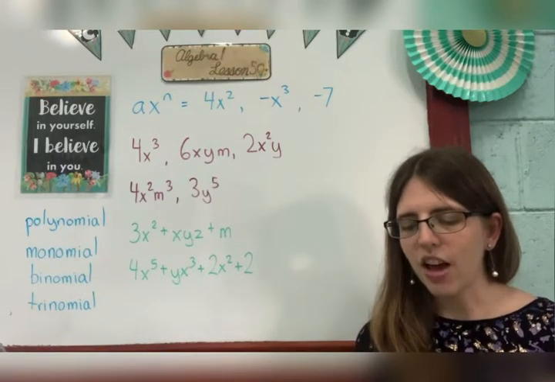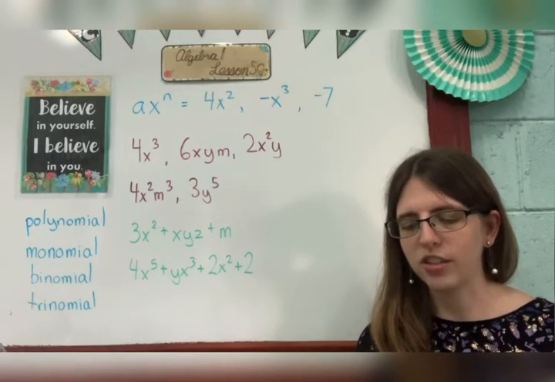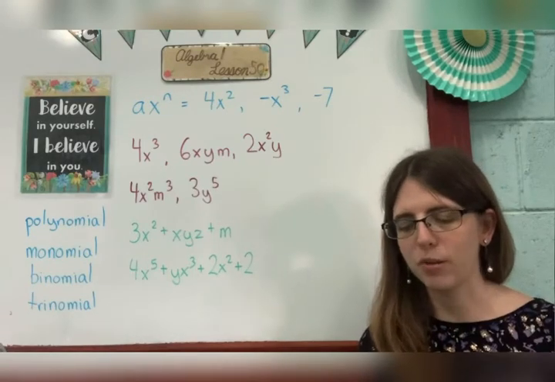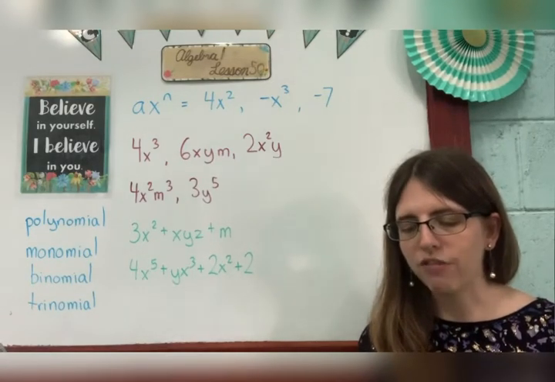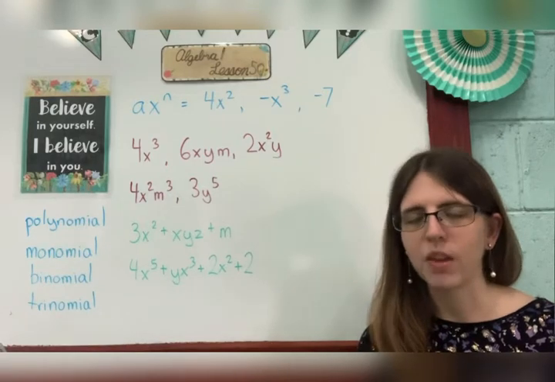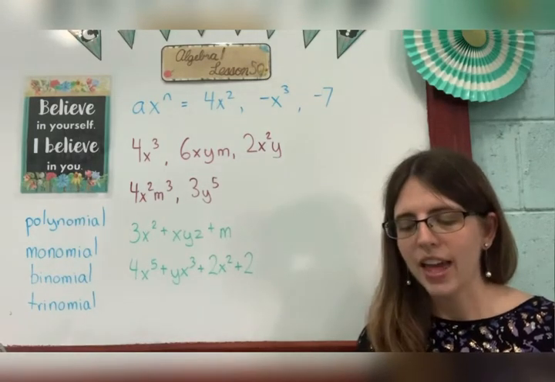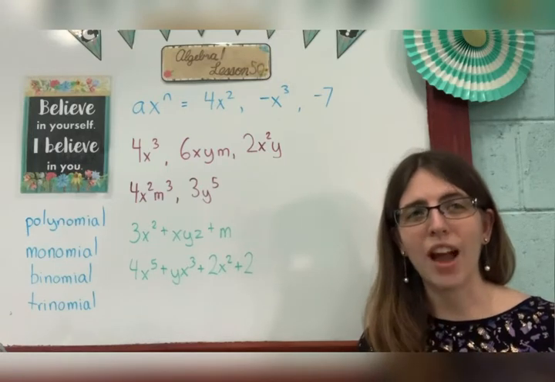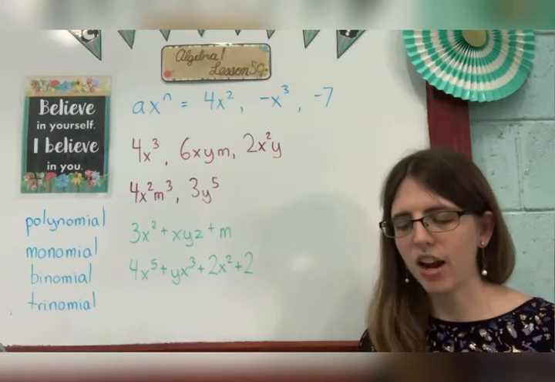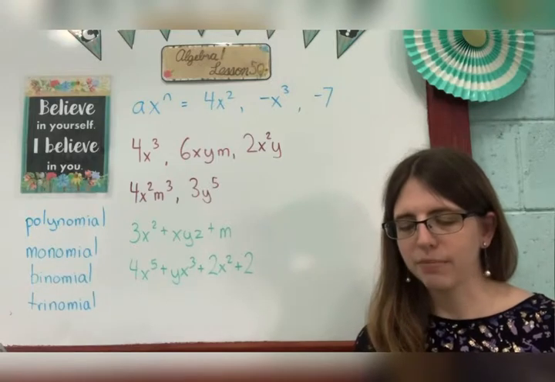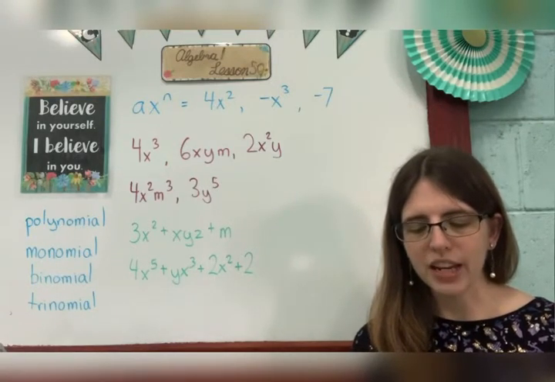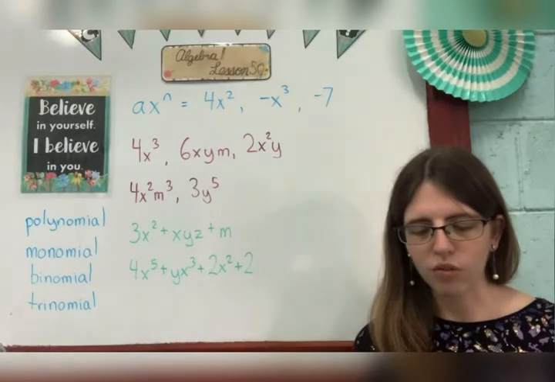Then it says, thus, none of the following expressions is a polynomial. Here's where I want to show you the division that's not in a polynomial. So A, you have 4x^-3. Okay, for letter A, it can't be a polynomial because of the negative 3 in your exponent. That's not a polynomial because your exponent is not a whole number. For letter B, you have negative 6x plus y over z.